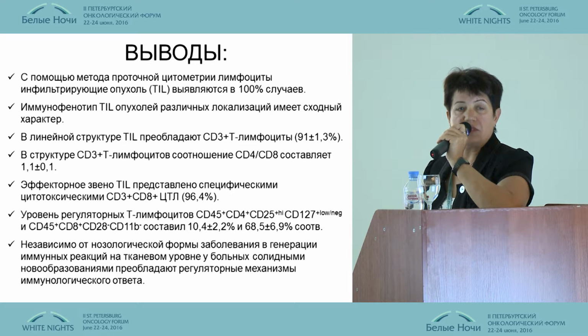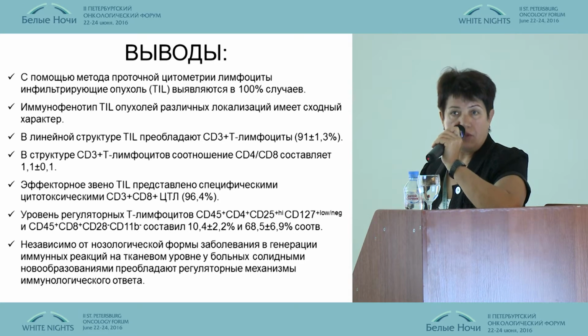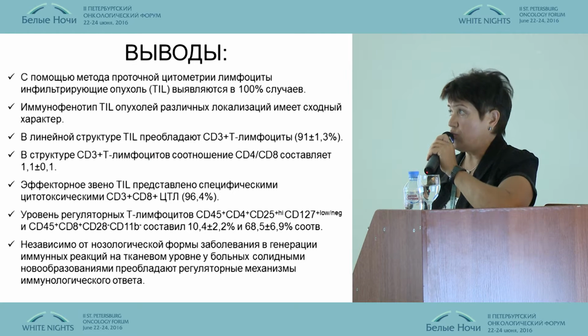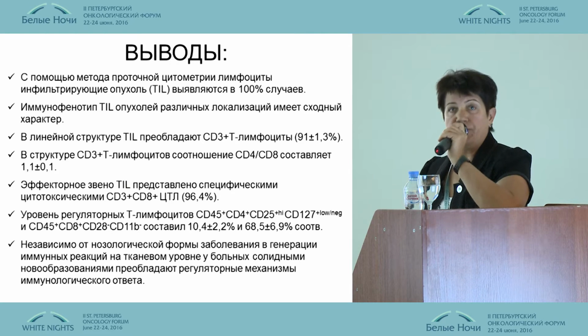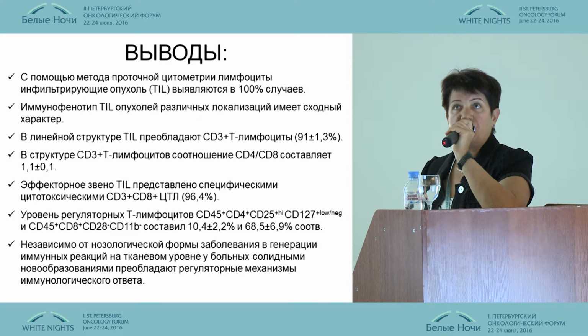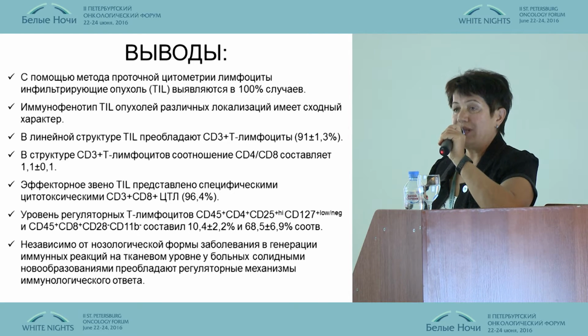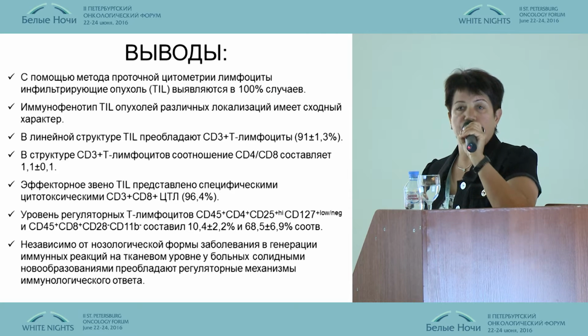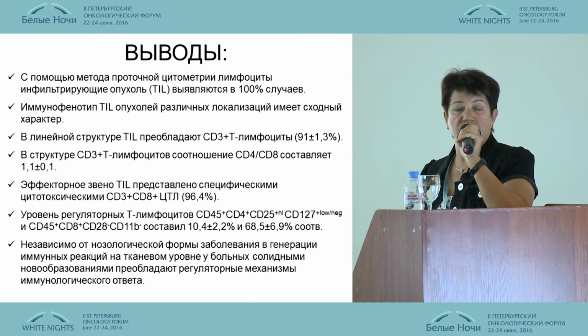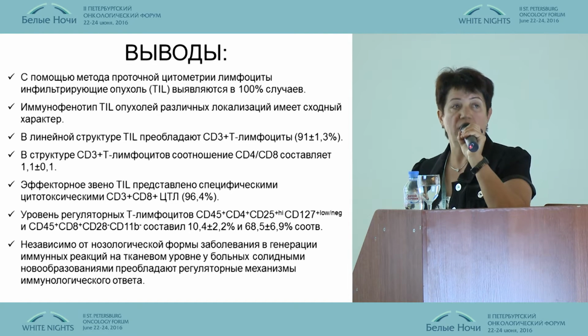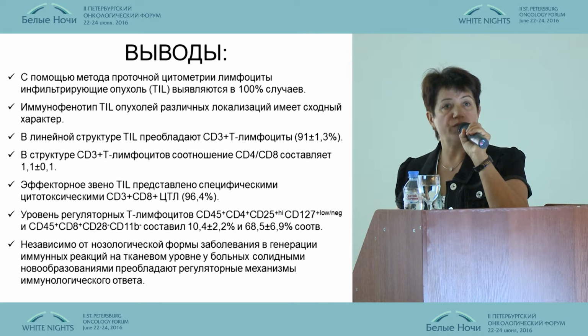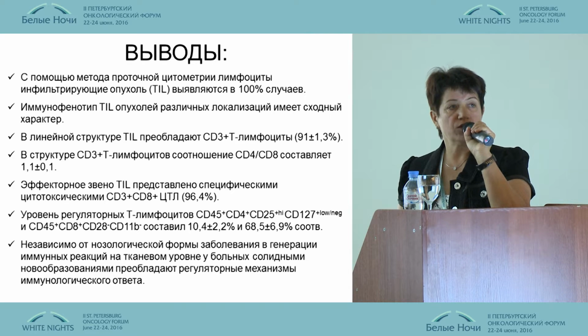Our approach allowed us to look at and identify in 100% of patients the TIL cells. Whatever the localization, the phenotype is almost the same. In CD45 lymphocytes, T cells are predominant.